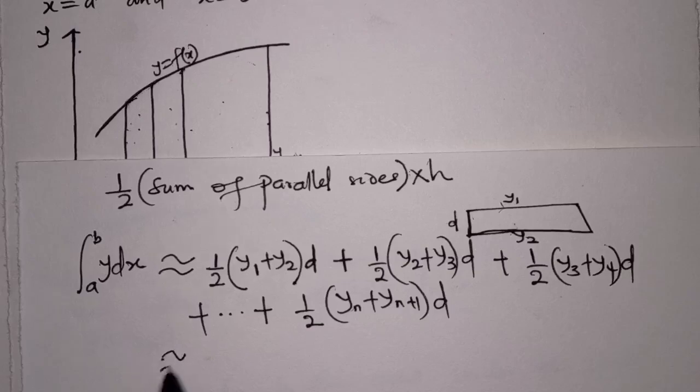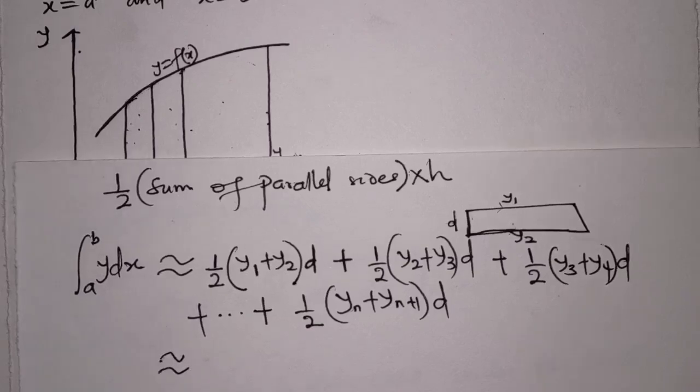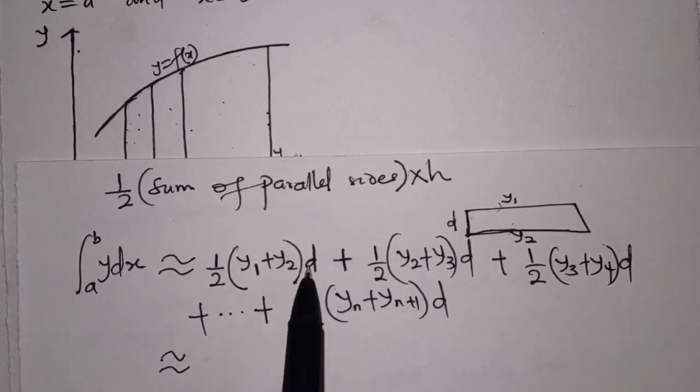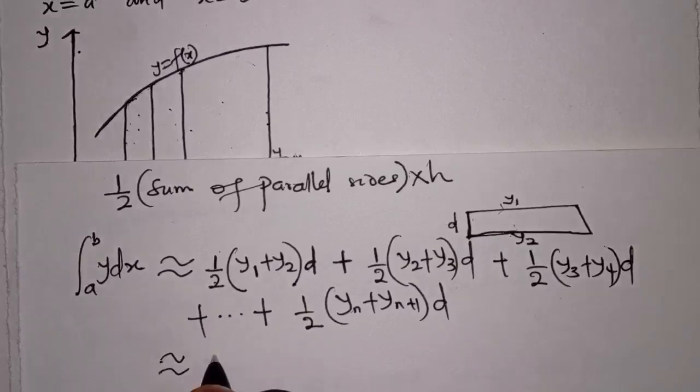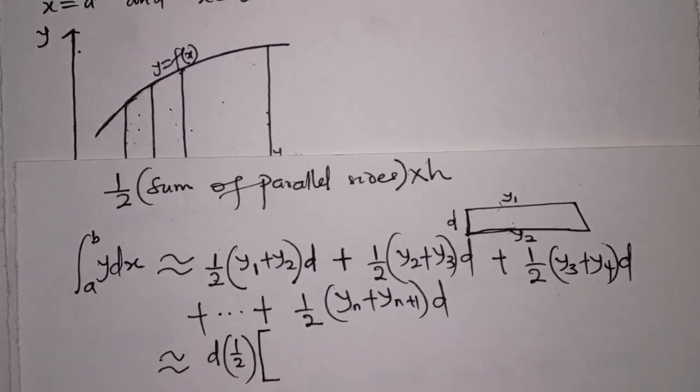This is approximately equal to, what do you observe? d is common to all of them, as well as 1 over 2. So d into 1 over 2 is common, so bring it out.